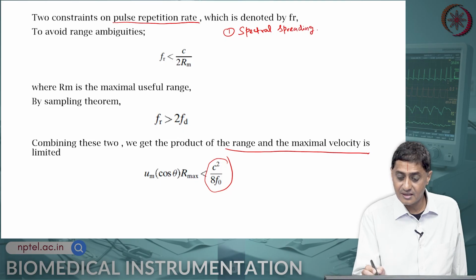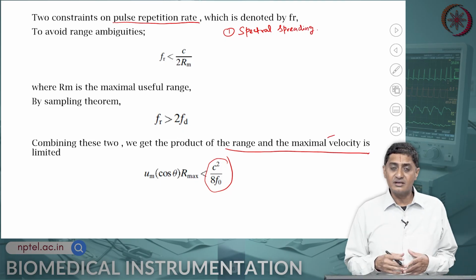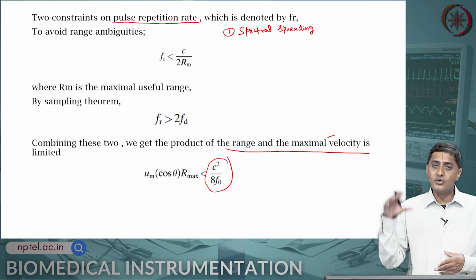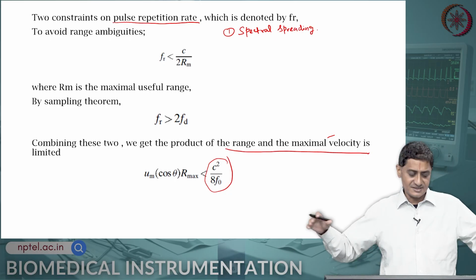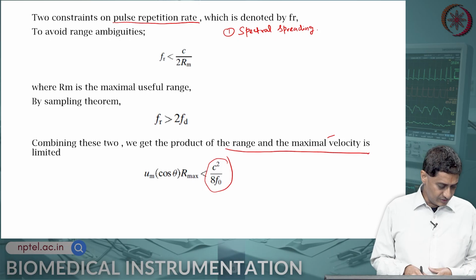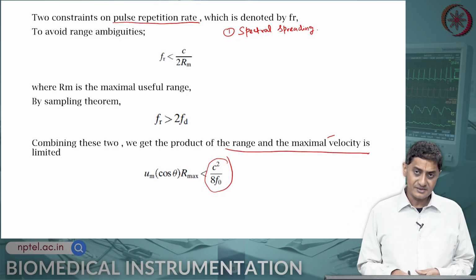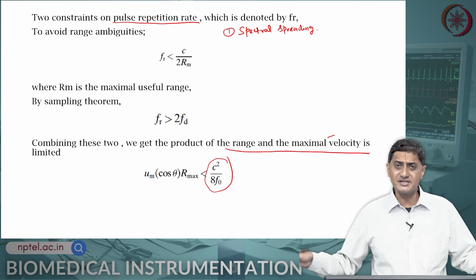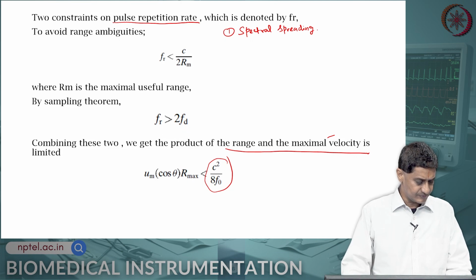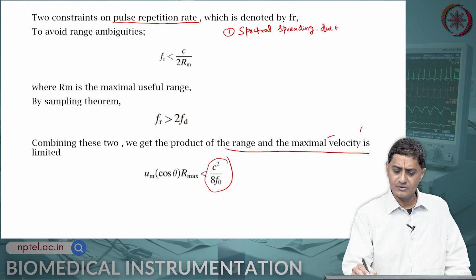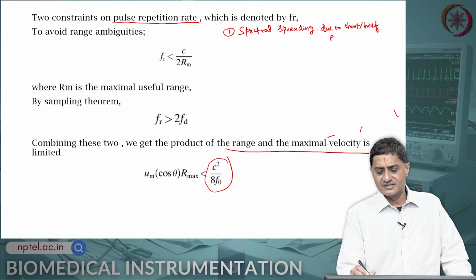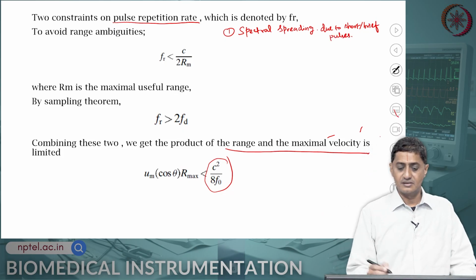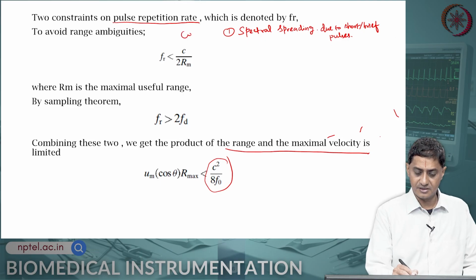That is, there are going to be the original frequency and its sidebands that are going to come into the picture, right. There are going to be higher frequencies than originally indicated. Spectral spreading due to short or brief pulses that are sent. This is the other constraint.